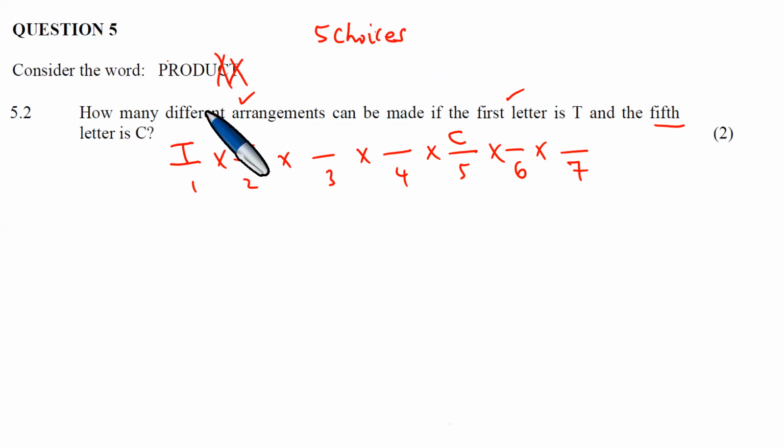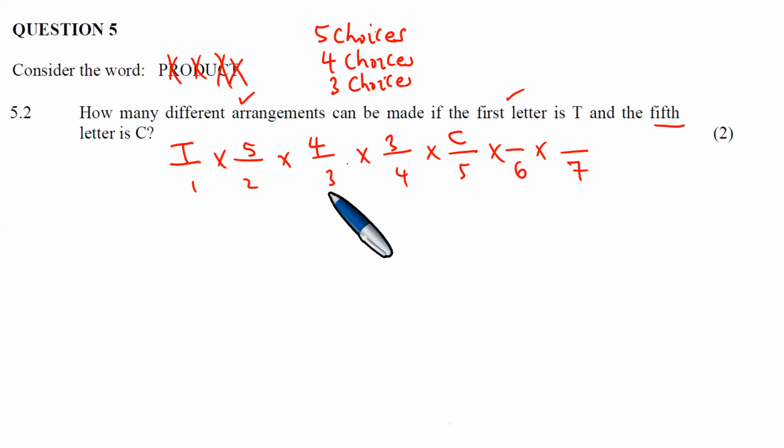5 choices. After that one is out, then we have 4 choices. After this one is out, then we have 3 choices. Maybe you cut this one out, then you have 2 choices.